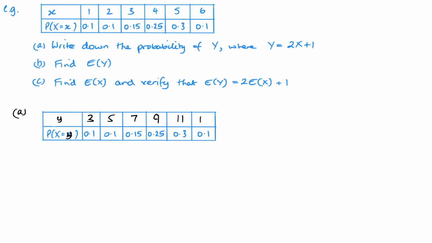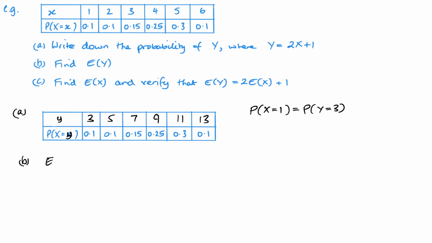We've got 11 and 13 at the end. And the probabilities themselves will stay the same, because that's the same probability at that point. It's just replacing an X with a Y. Because essentially, the probability when X equals 1 is the same as the probability when Y equals 3. That's the idea behind it. There's no change, we're just changing how X is being written in terms of Y. It's like coding. Okay, so that's part A done.